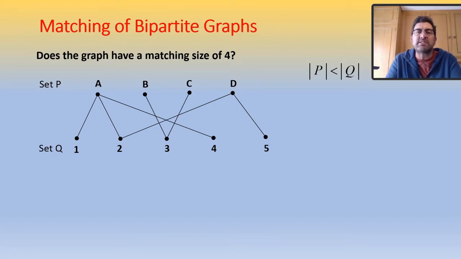Can we, in other words, now find a subset of S that violates Hall's marriage principle, where the neighborhood is less than the subset.